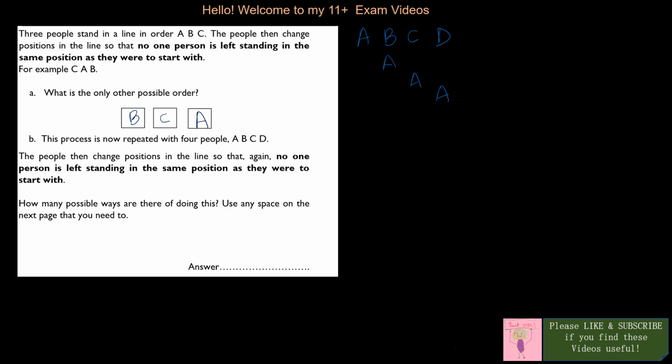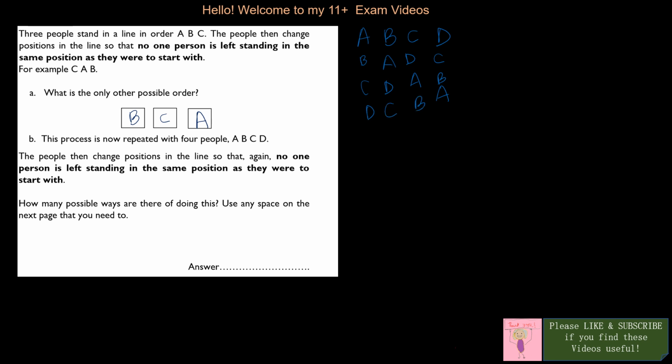So once A has this position, I can put B here, and C can't come here, D can be here and C. Now in the first position I can have C now, and I can have D now and B. Then I can have D here, I can have C here and B here.